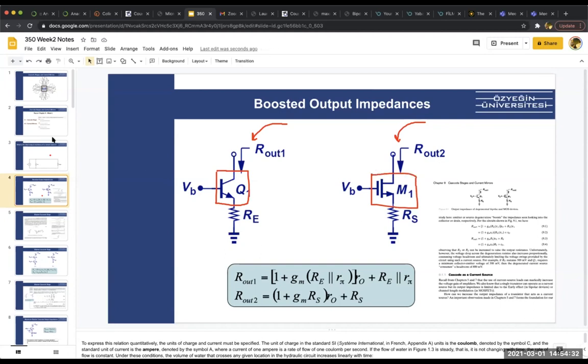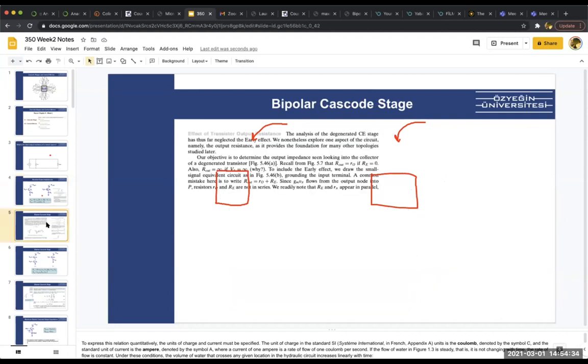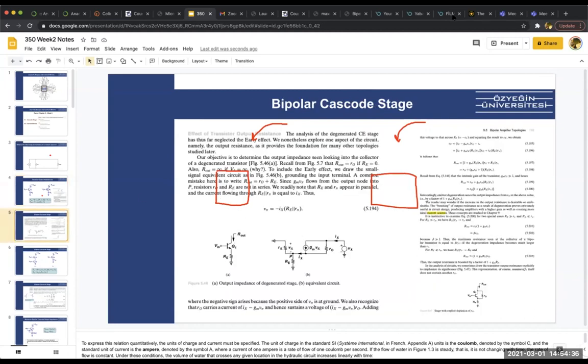For instance, for the BJT one, we just draw the small signal representation of the BJT, like here. And then to find the R out, we connect the test source and find Vx over Ix.